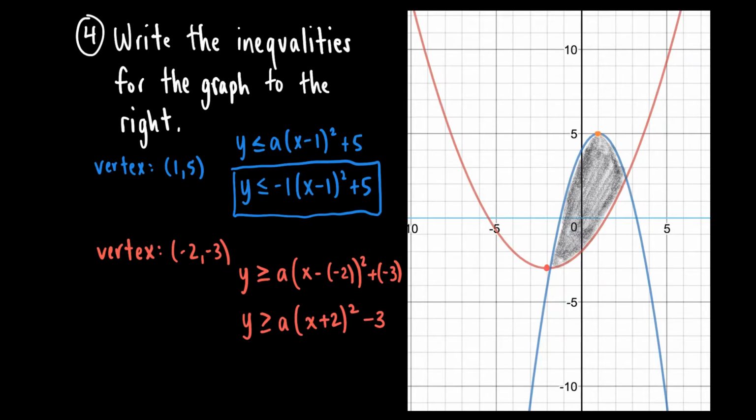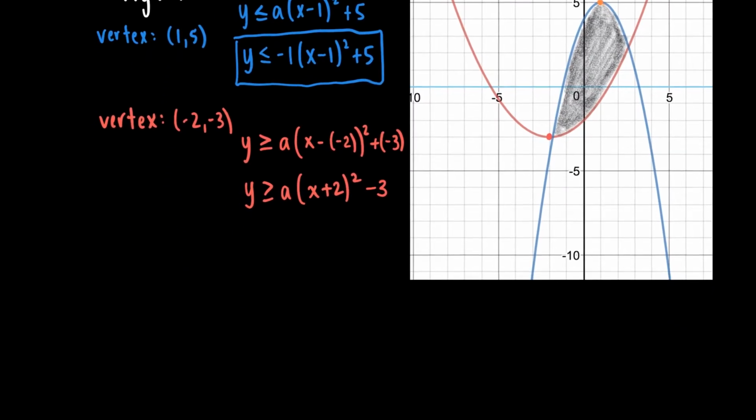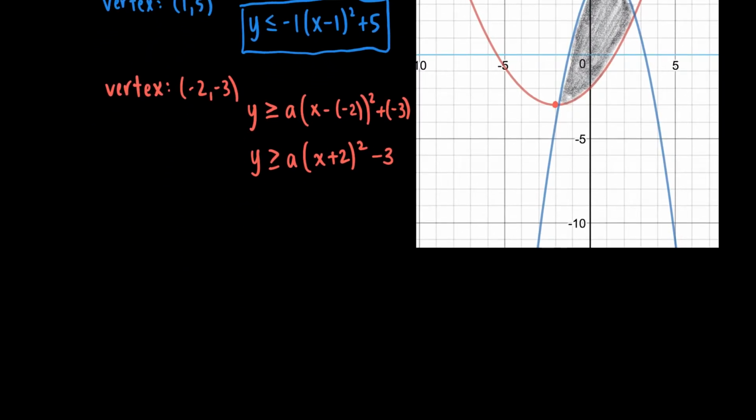So I'm going to scroll down here a little bit. And what we're going to do is we're just going to look at the red parabola. And what I want to do is select another point that happens to fall on the red parabola. I'm going to pick right here at 0, -2. So we know that 0, -2 is on the red parabola.